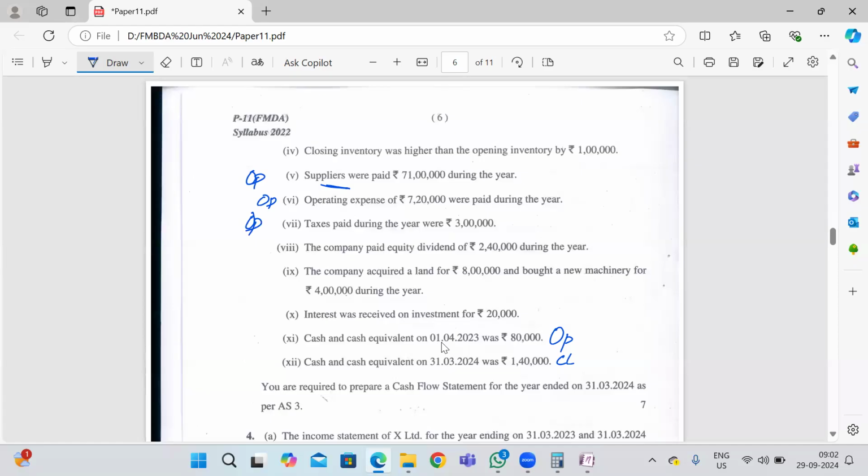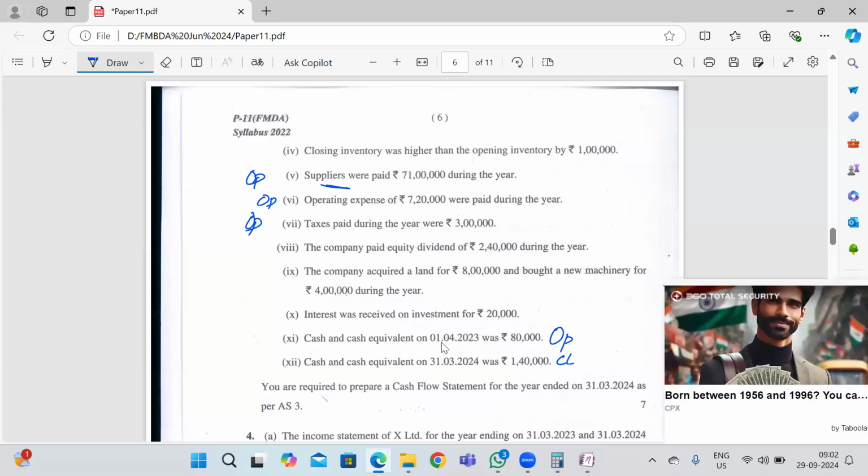The company paid equity dividend. That dividend is paid on our shares. Shares are used for the financing of my business, right? By using these funds only, I'm running the business, so this comes under financing activities. I am acquiring land, which means this is an investment.